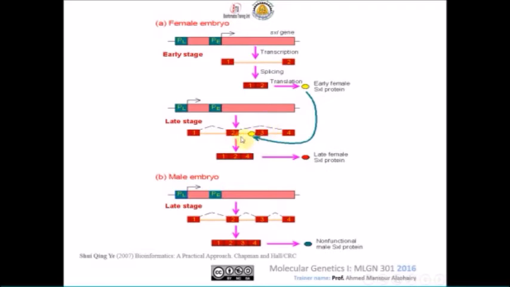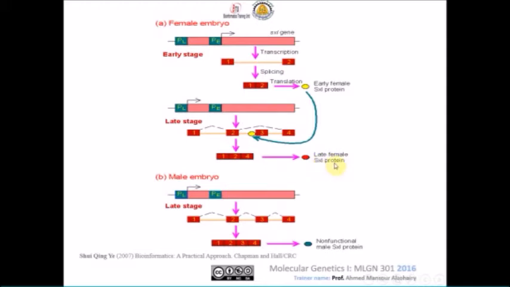So in this case, we'll find that it will remove exon number 3 with the introns. So the resulting transcript will have 1, 2, and 4, and this is a functional protein called late female SXL protein.